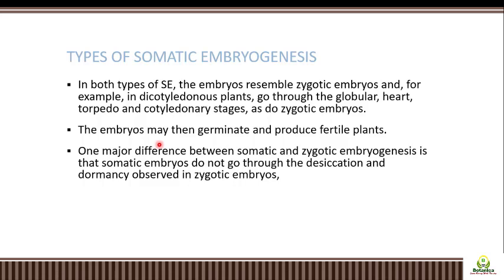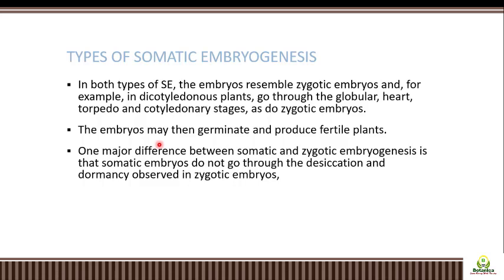One major difference between somatic and zygotic embryogenesis is that when an embryo is formed under natural conditions, the plant has to go through a dormant stage, a desiccation stage.